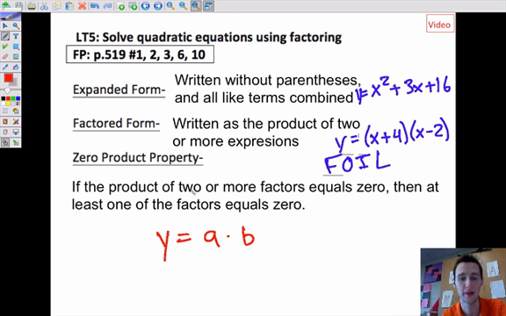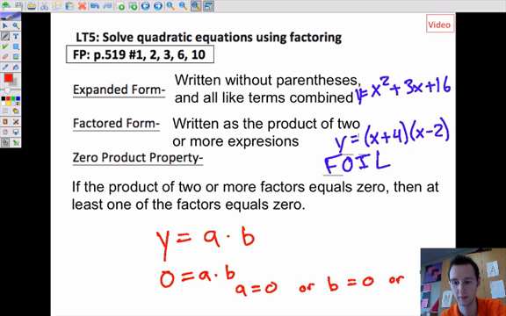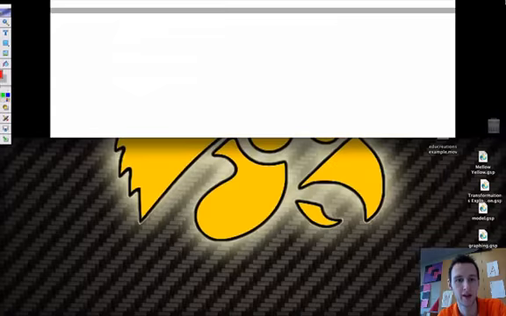What the zero product property tells you is that if this product equals 0, then either A or B or both has to be 0. So if A times B equals 0, then either A equals 0 or B equals 0 or both A and B equal 0. So we're going to see a couple examples of this.